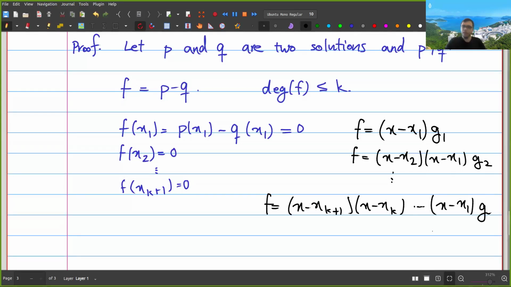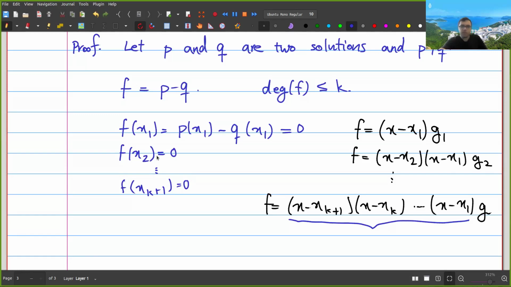But the problem is that this part already has a degree of k plus 1. Or another way of looking at this is that if I have a polynomial of degree k, and this polynomial is not 0, it can have at most k roots. But this polynomial f has k plus 1 roots. This is a contradiction, so it means that f does not exist.